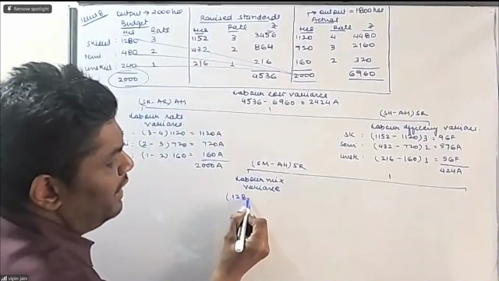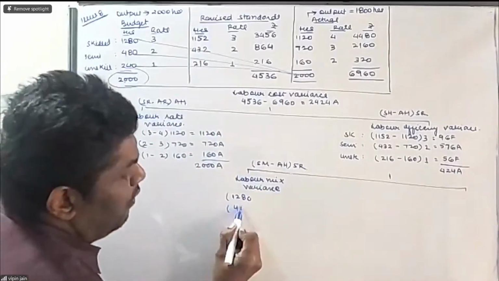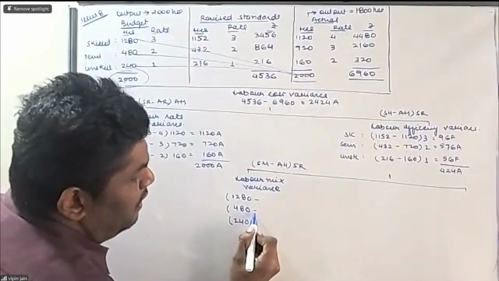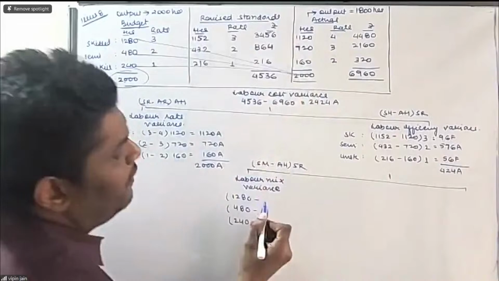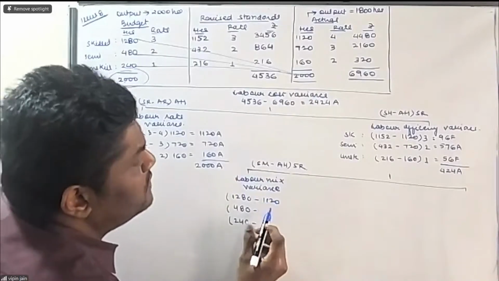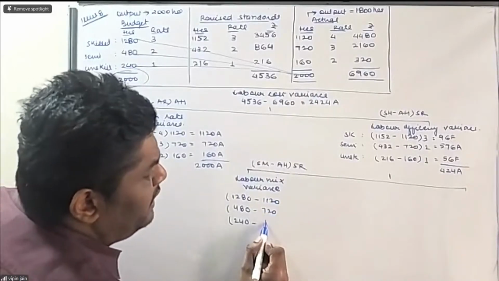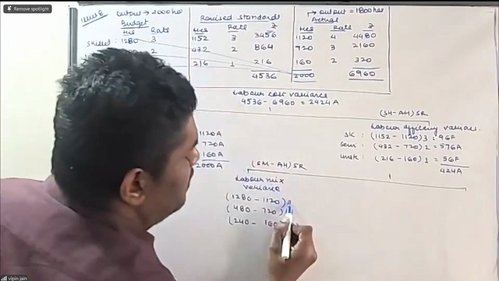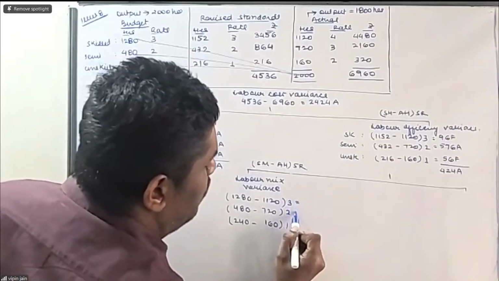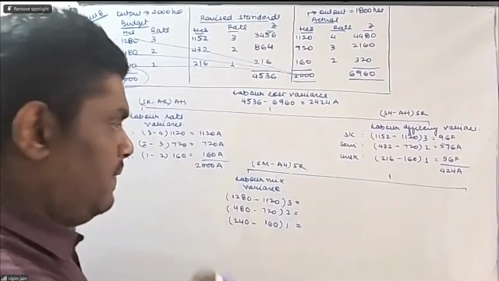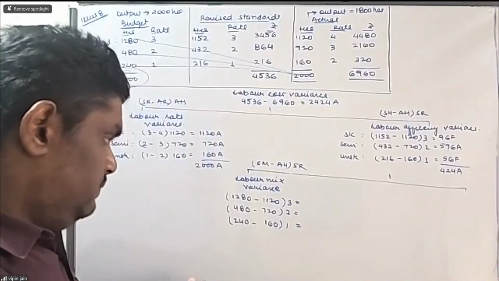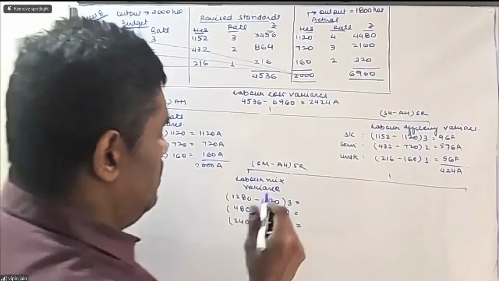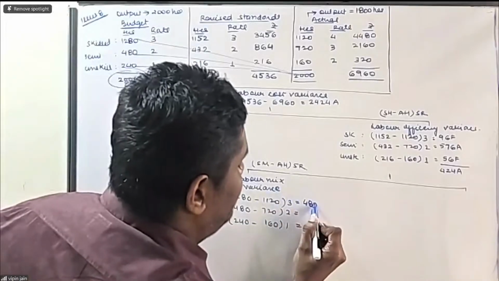That is 1280, 480 and 240. But the actual ratio of 2000 is 1120, 720, and 160 into the rate that is 3, 2, and 1. So this will be 480 favorable.